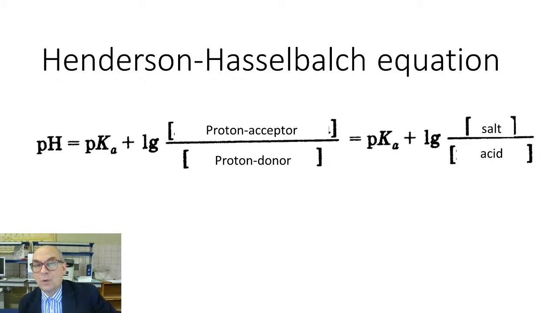Logarithm of 10 is 1, and pH is larger than pKa by 1 unit. But if the logarithm of the ratio is equal to -1, it means that the ratio is 1 by 10. It means that the amount of the acid is larger than the amount of the salt by 10 times. Logarithm of 1 by 10 is -1, and pH in this case is pKa -1.